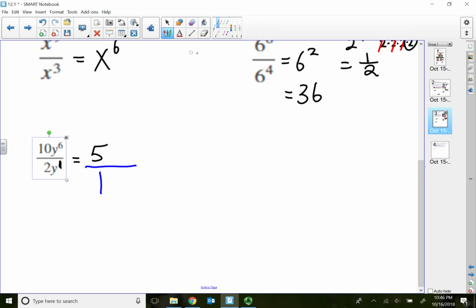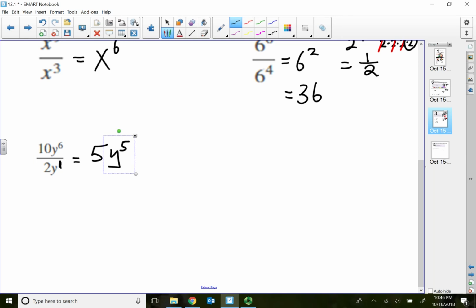I have six y's on top being multiplied and only one y in the bottom. When they cancel out, or when we subtract the exponents, the top has 5 extra y's being multiplied compared to the bottom. So when we subtract the exponents, that becomes y to the 5th.